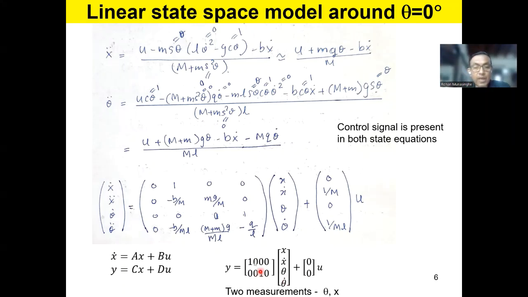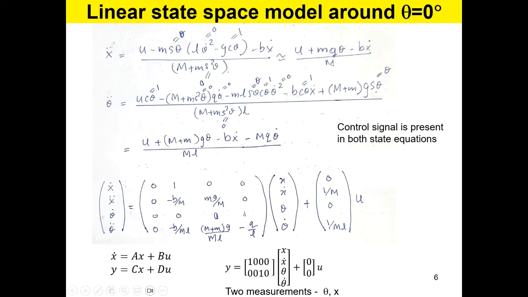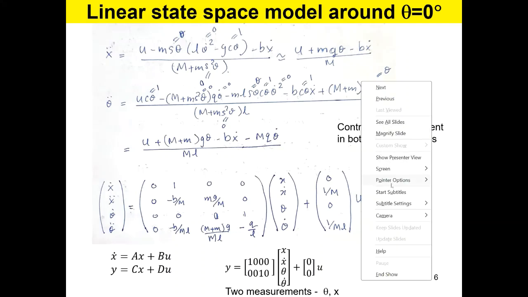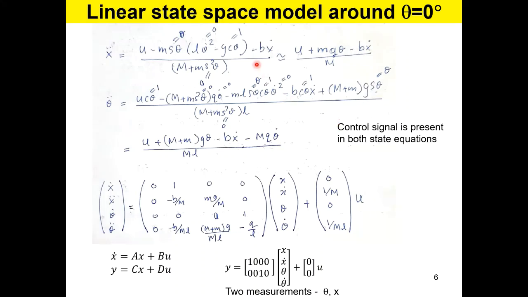However, you need to remember that you have made a serious assumption that theta is nearly zero. So you should not use the controller you are going to build outside that range. Okay, so the first equation over here is the linearized x double dot, assuming an approximately vertical pole configuration.